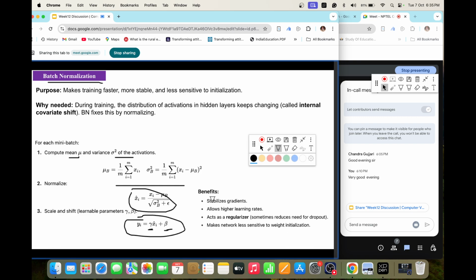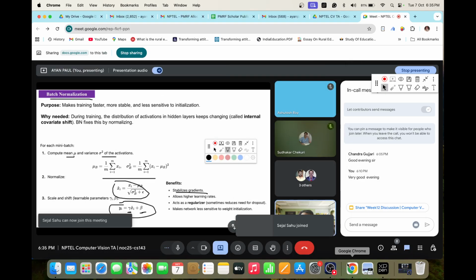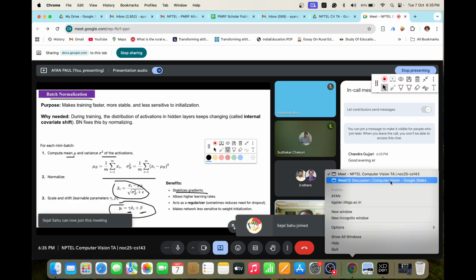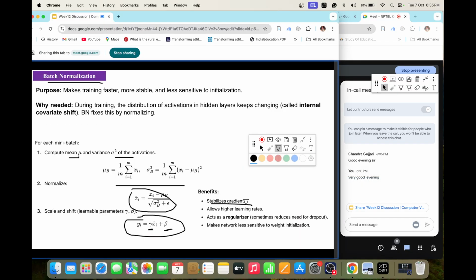What benefits do we have? It stabilizes the gradient during training, meaning back propagation, which always deals with the gradient. It allows a higher learning rate, acts as a regularizer, and makes the network less sensitive to weight initialization.